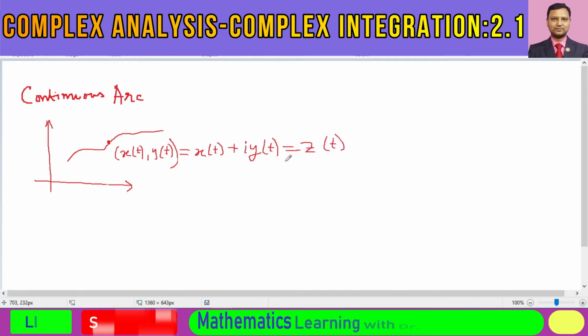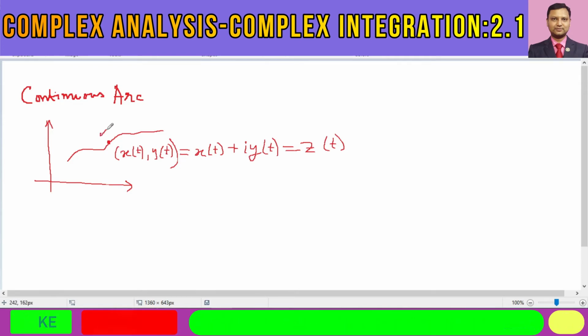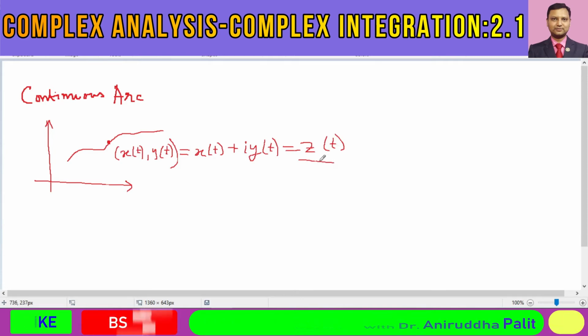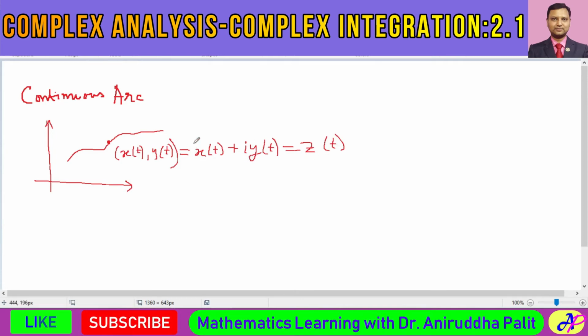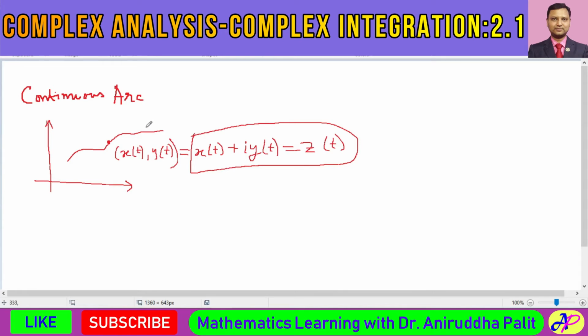So any point on this kind of curve will have this type of representation. This expression is the mathematical expression of this curve.